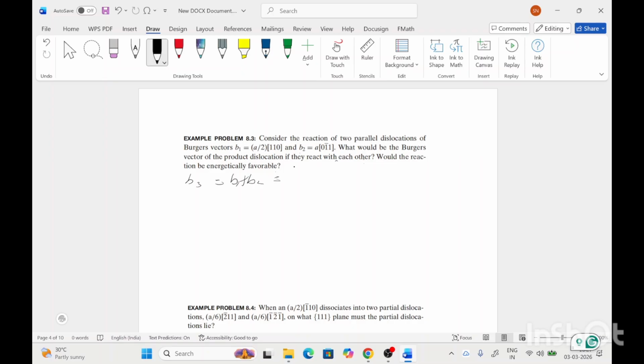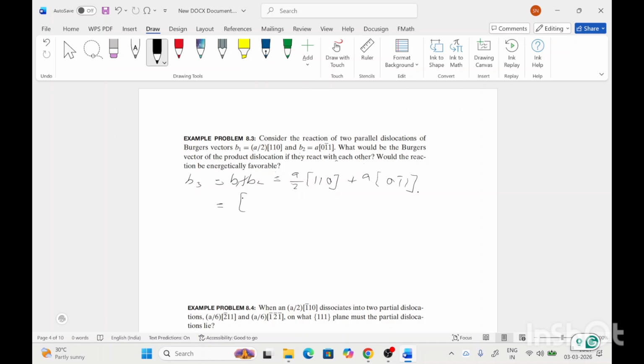So if we calculate, B1 is a by 2 [110] plus a [0 bar 1 1]. We will just do the simple addition.